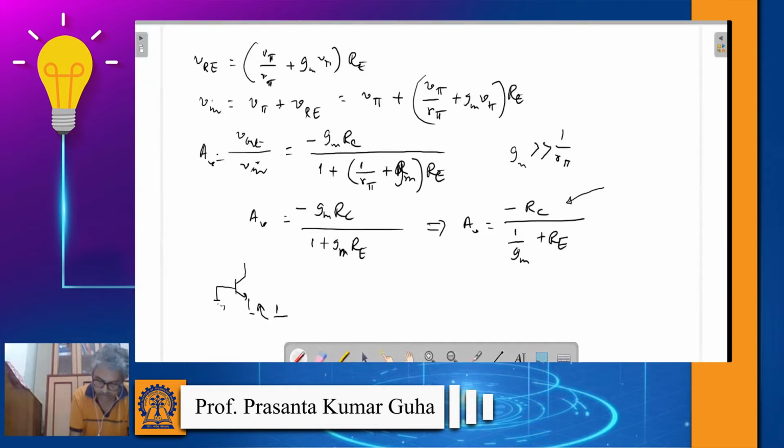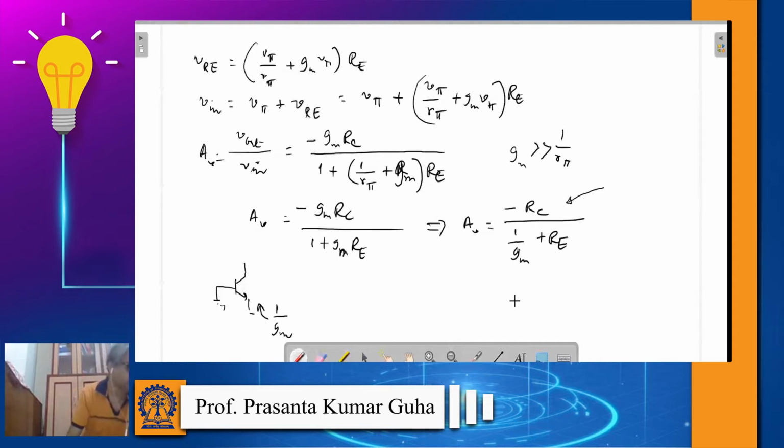So 1 by gm plus the resistance RE you connected in series with the emitter. Remember that the gain is RC, the resistance connected at the collector, over 1 by gm plus RE.